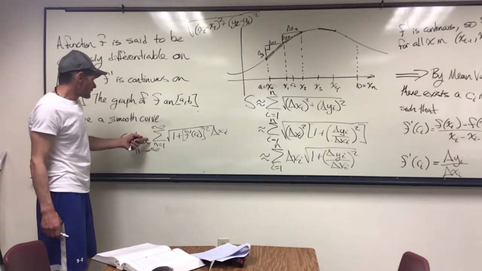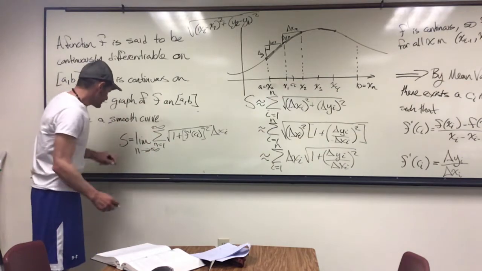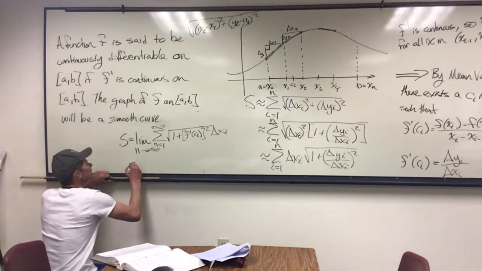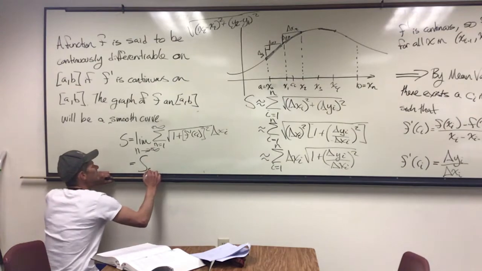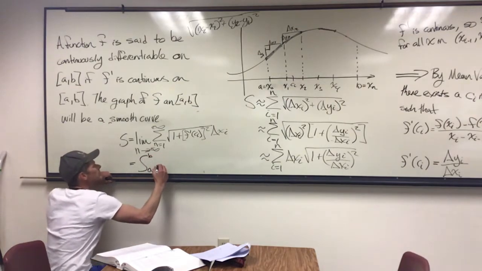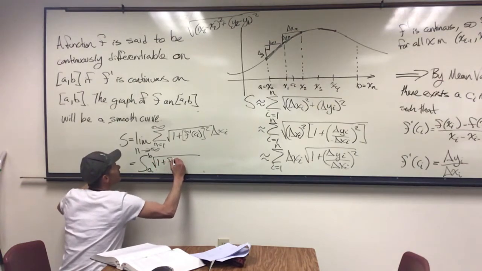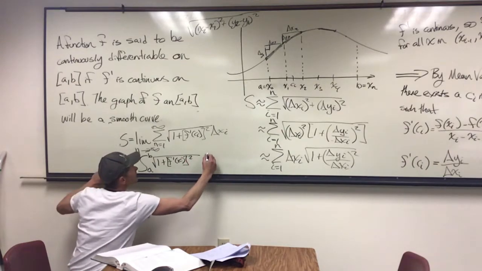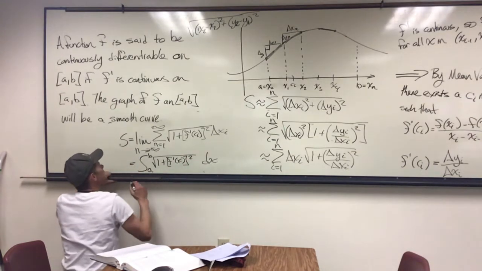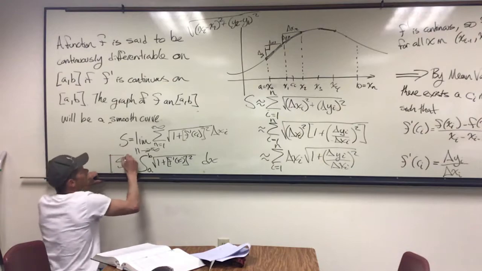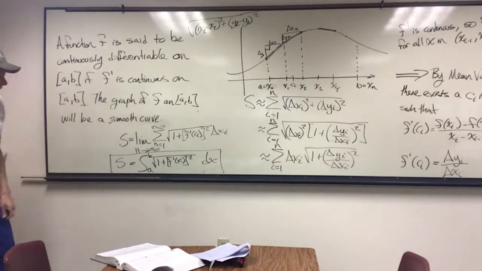If we let this go to infinity, that is the same as taking the integral from a to b of the square root of 1 plus f prime of x squared with respect to x. And there you go. That is the formula for arc length.